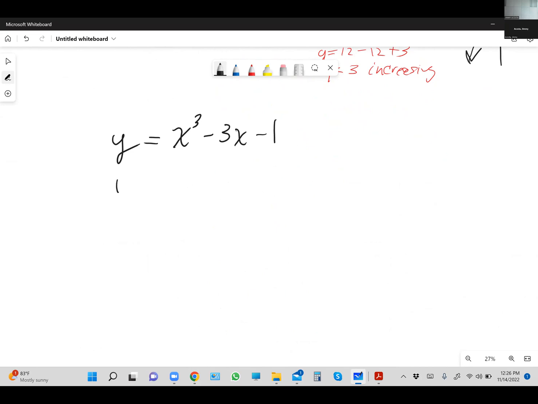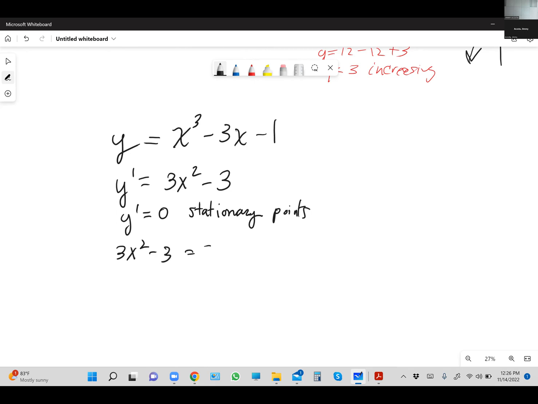If you take the derivative of this, you get 3x squared minus 3. And if you set that equal to 0 to find your stationary points, y prime equals 0, you're going to solve 3x squared minus 3 equals 0.